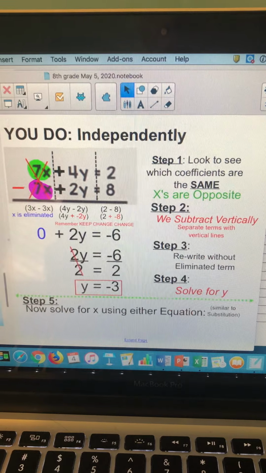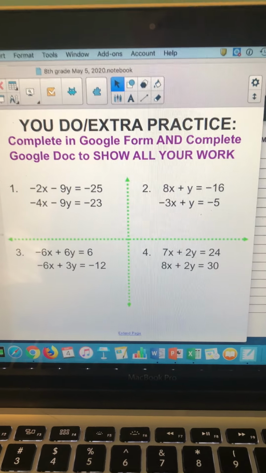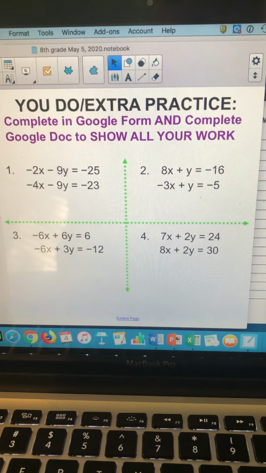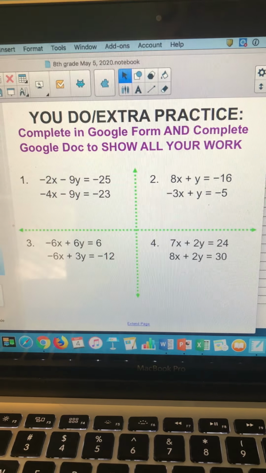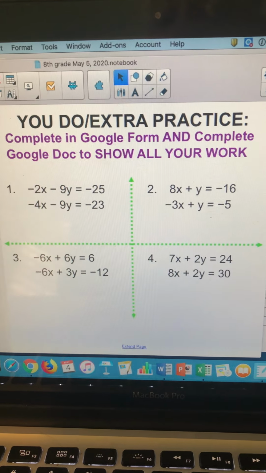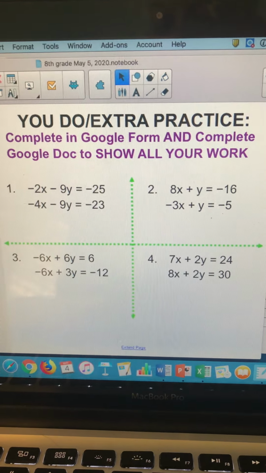So you'll try one on your own, the answers follow, and then you have your Google form and Google Doc, same as how you guys have been doing for the past week as well as yesterday. So you'll answer them in the Google form, and then you'll answer them on the worksheet.